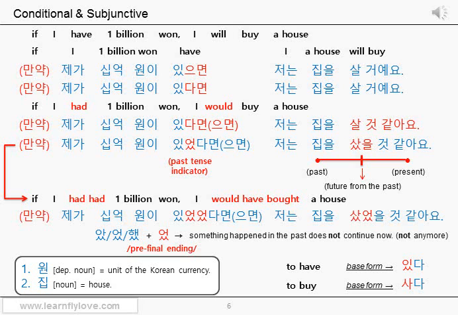So in my opinion, the second 었 sound, which is a pre-final ending, is not really required in this sentence. Because 만약 and 으면, 다면 already tells us that you didn't have that money in the past. But you can still use it because of the meaning it has, which is something happened in the past does not continue at the present moment anymore.